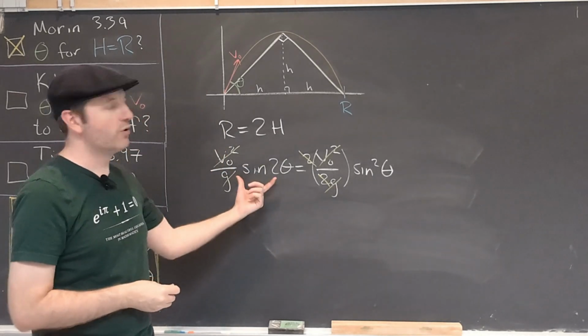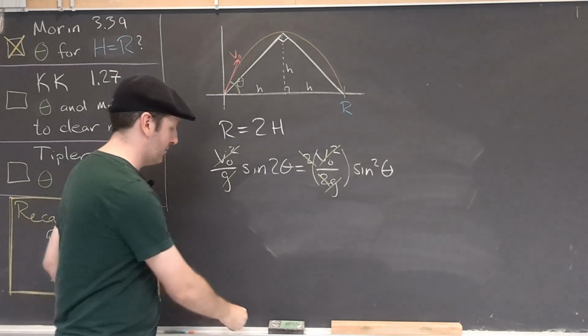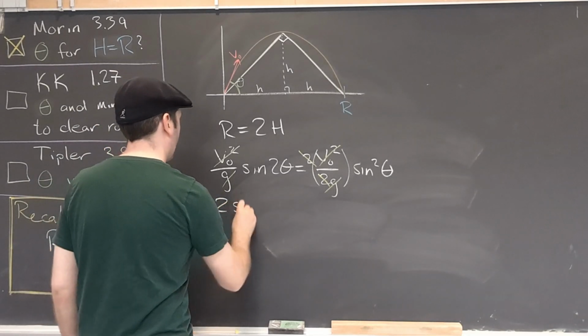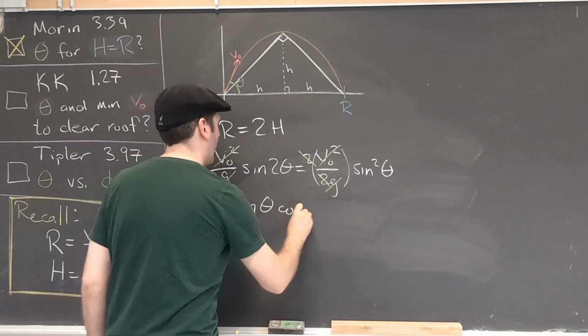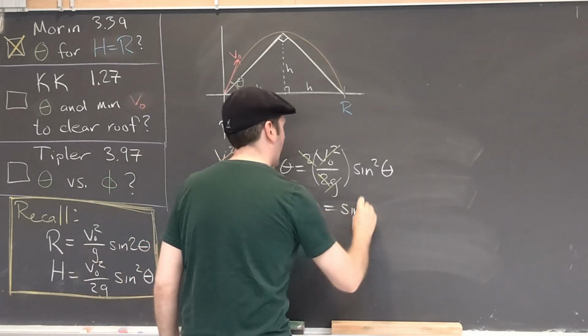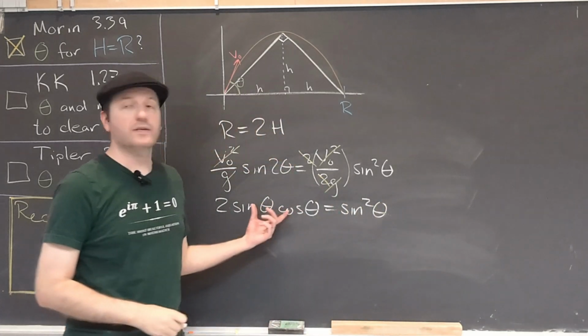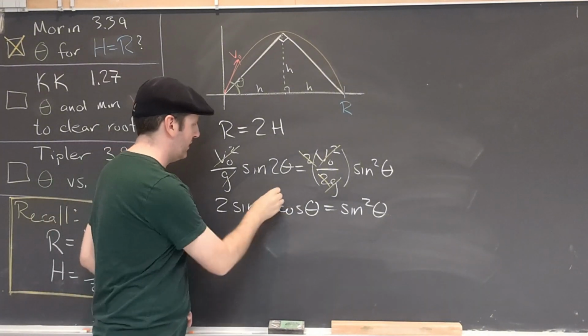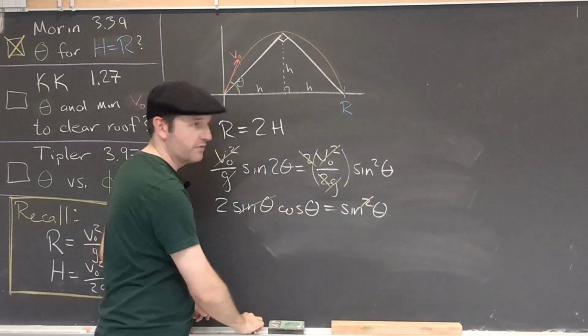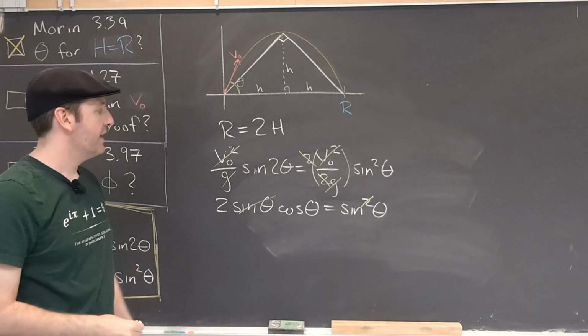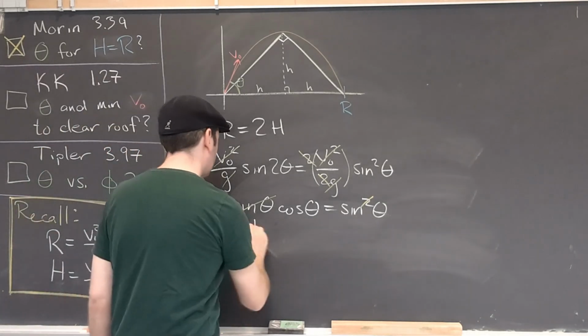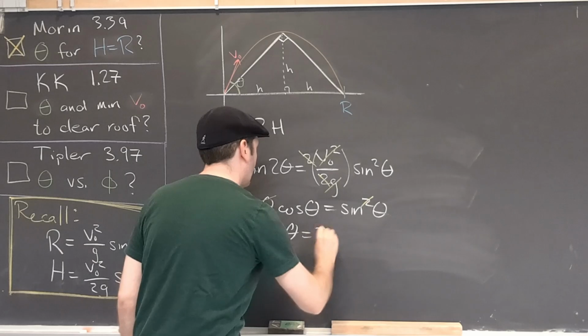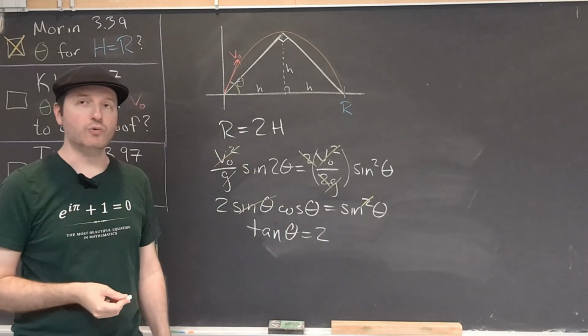Okay, as before, we're probably going to want to expand out my double angle. The signs cancel like they did before. We're not concerning ourselves with horizontal launches. And then dividing, we get tan theta equals 2.